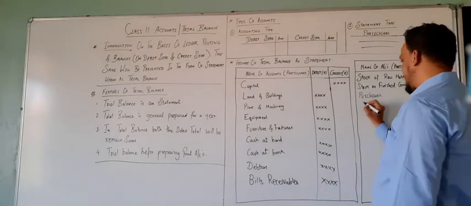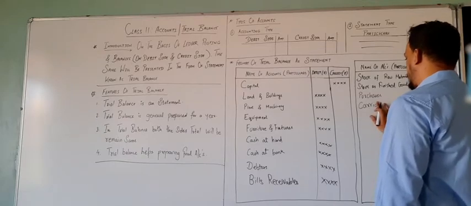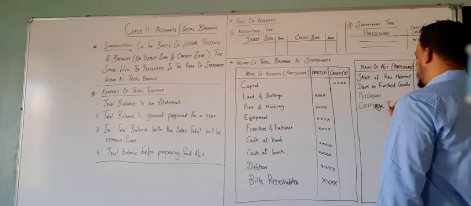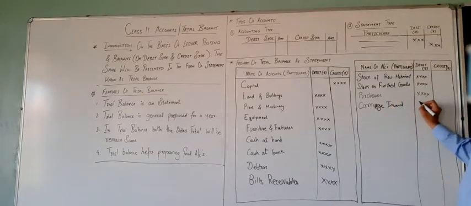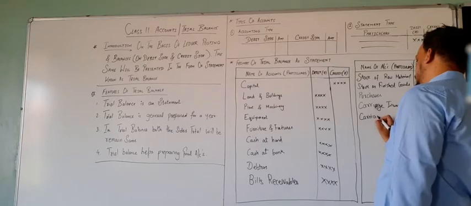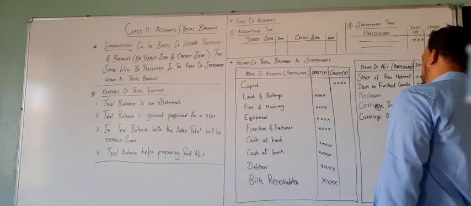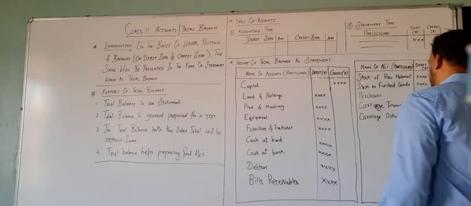Next is carriage inward. The amount will also be on the debit side. Carriage outward, debit side.